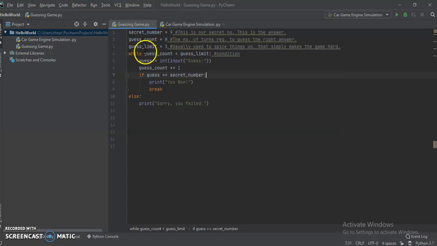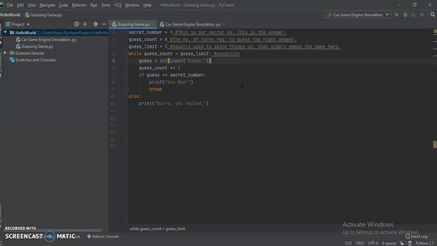So when you have not guessed more times than the guess limit, there will be an input, and it would tell you to guess the number, okay? But per turn, your guess count would be increased by 1, okay?